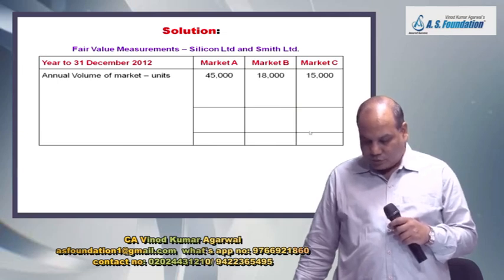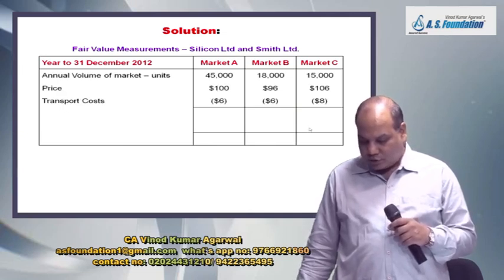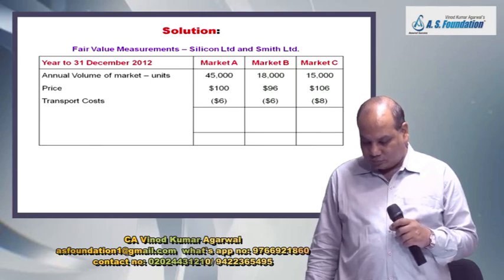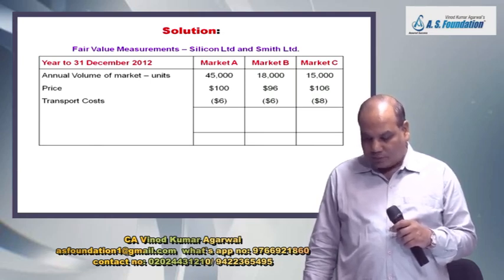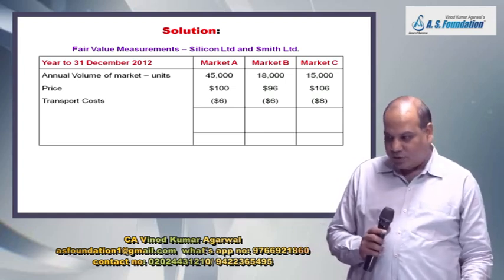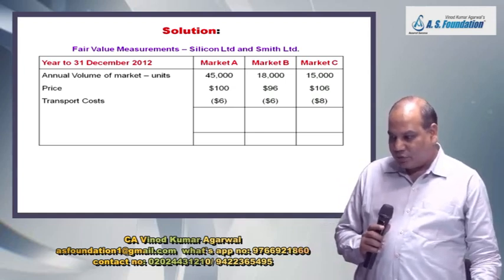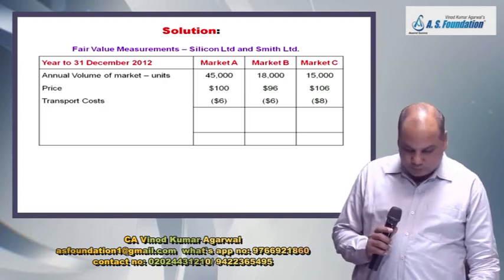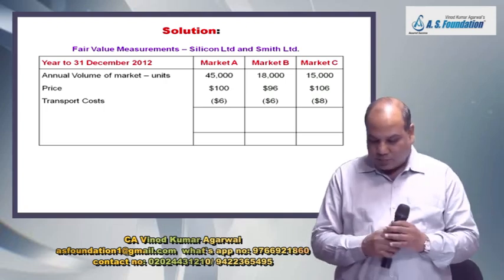Okay. So write down. First we'll do the calculation. Annual volume of market. Write down in your book in reasonably good handwriting. First 3 lines are already printed.